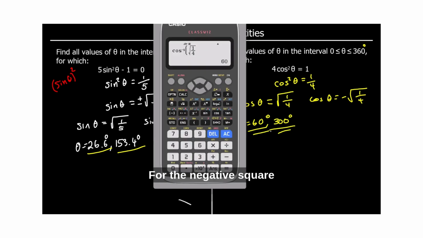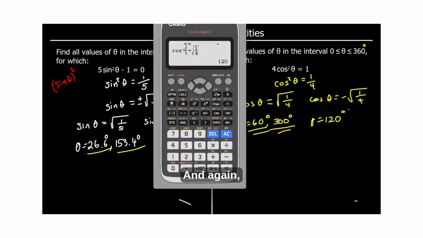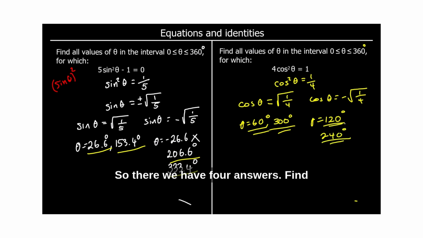For the negative square root of a quarter, we're going to get 120 degrees. And again, 360 minus the first answer for cos is 240. So there we have 4 answers.